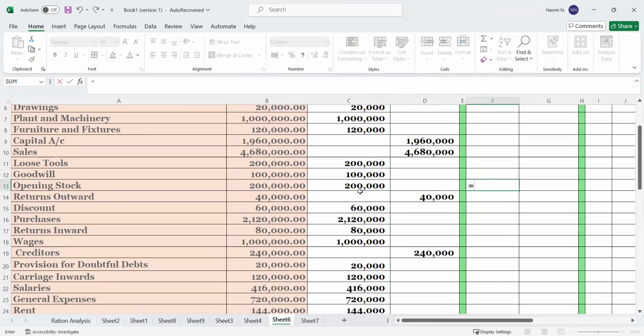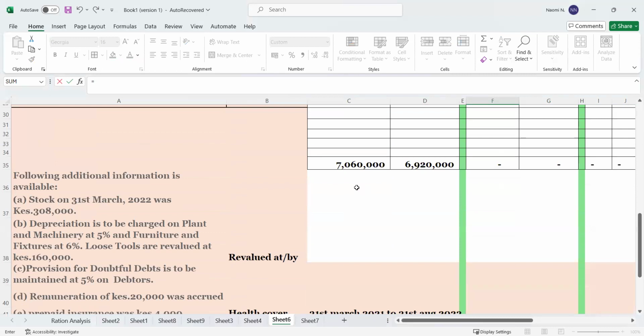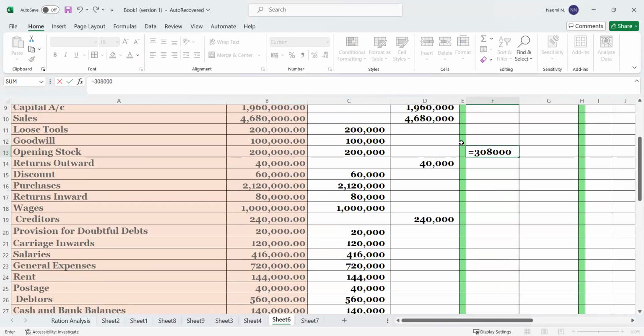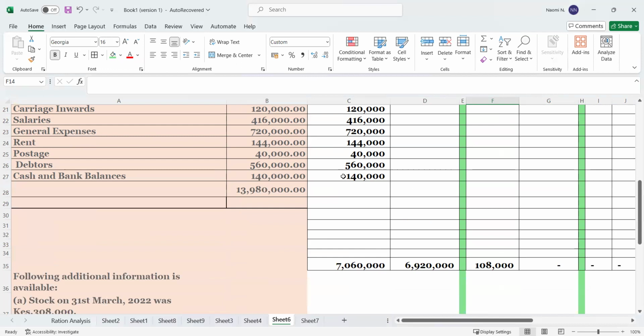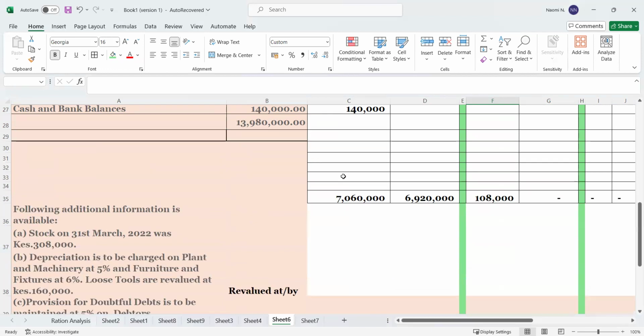So we will take 308, then subtract our opening, to find the equivalent in cash of the goods that were bought during that year. That is what we will get, and that is what is supposed to be in the adjustment.